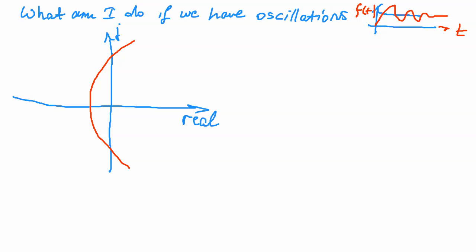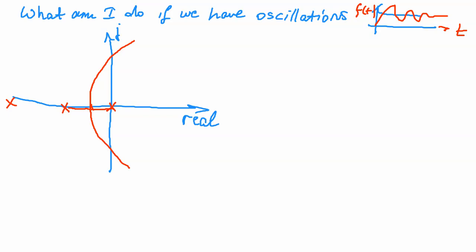This is the s-plane, by the way, and these are the curves. Most likely, you have one pole located here, another pole located there. These two poles couple, and the curve is something like this. And there is another pole here.